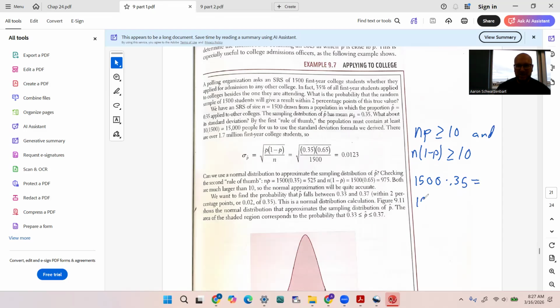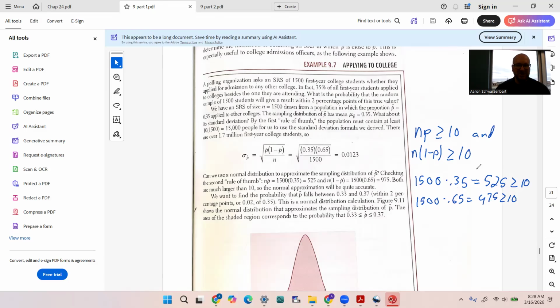No, I'm going to have you do the other one. 1 minus 0.35 is 0.65, correct? Okay, that's bigger than 10. I could know these without actually multiplying them. That should be 975, I believe. Those are both bigger than 10.